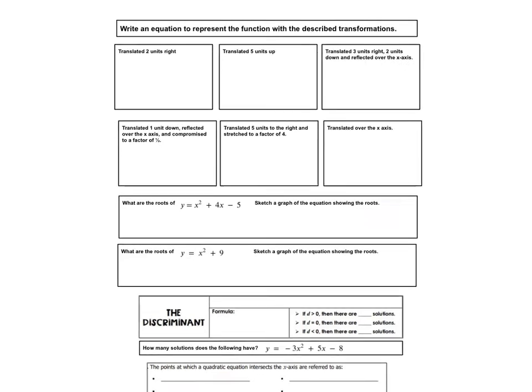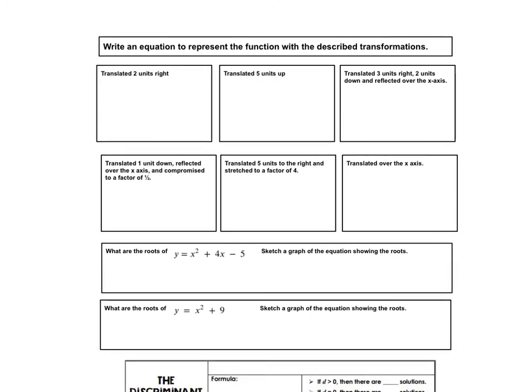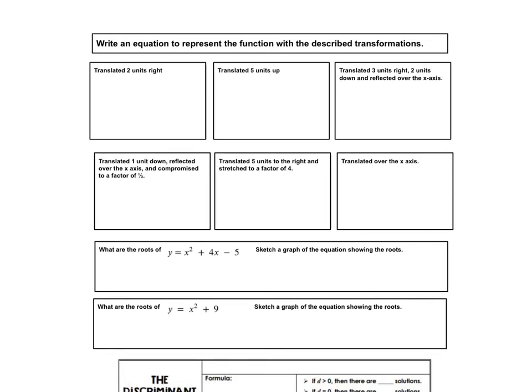Alright. Here it says write an equation to represent the function with the described transformations. Alright, so this one translated 2 units to the right. So the only thing we have is, our A's not changed. So it's to the right.